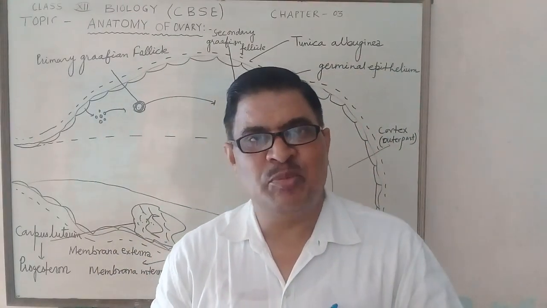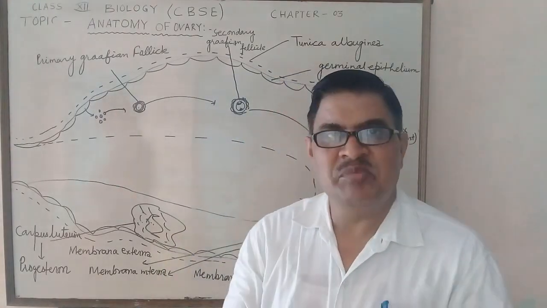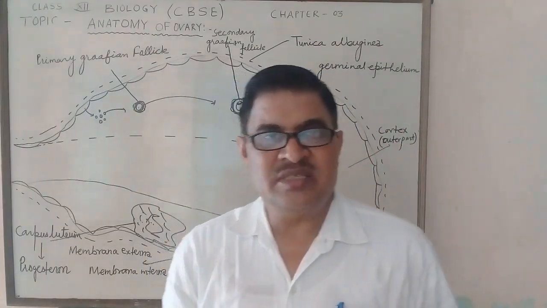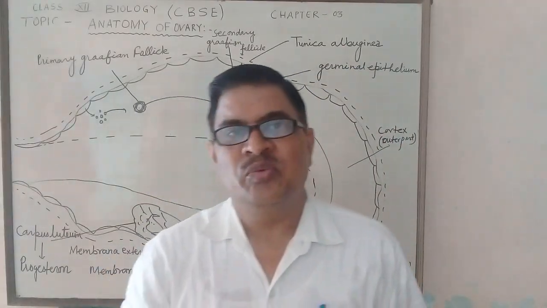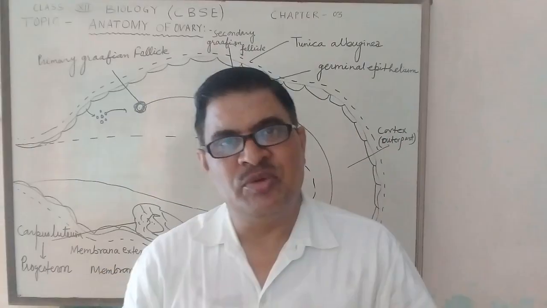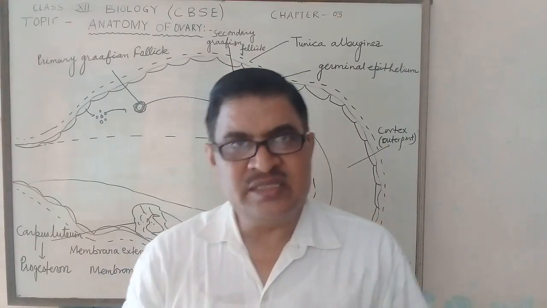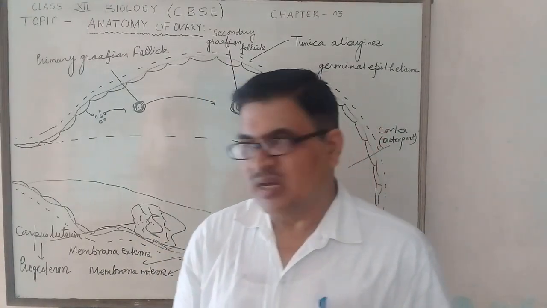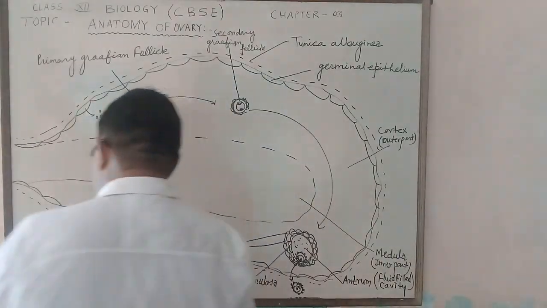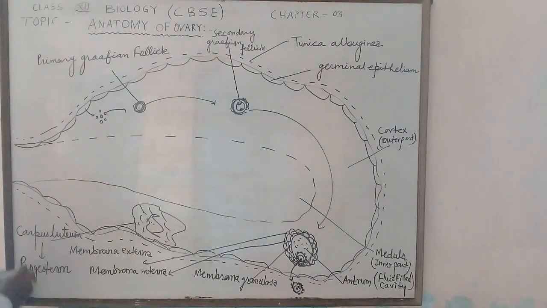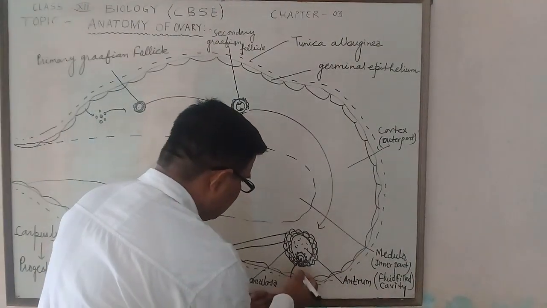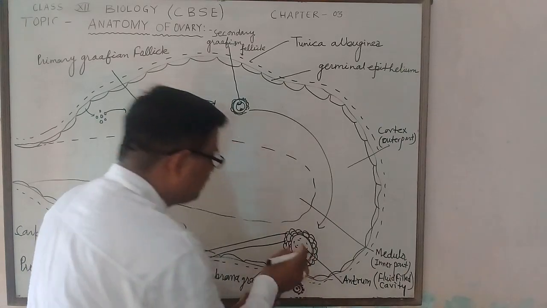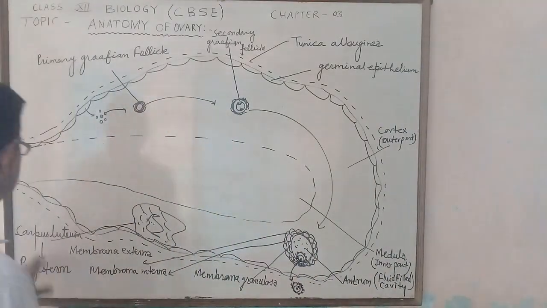If there is less secretion of progesterone, there is no implantation. Implantation means attachment of the 32-celled blastocyst with the endometrium wall of the uterus, done with the help of progesterone secreted by the corpus luteum.